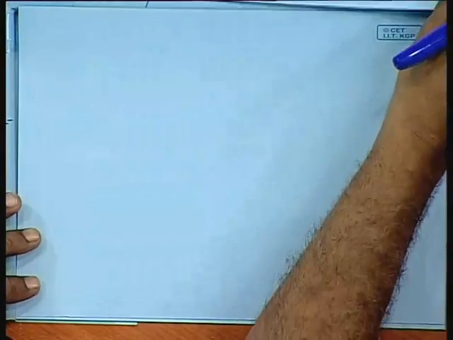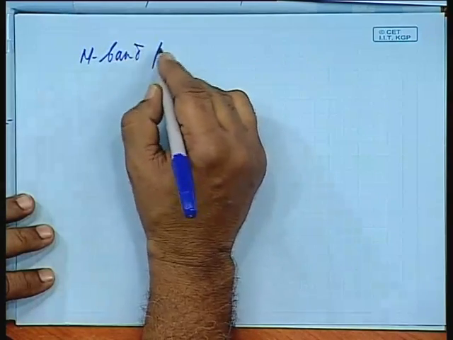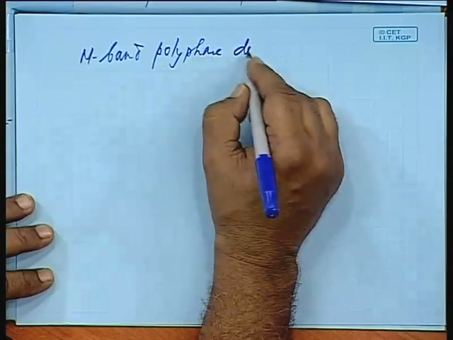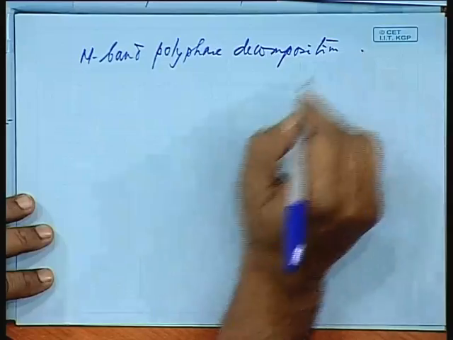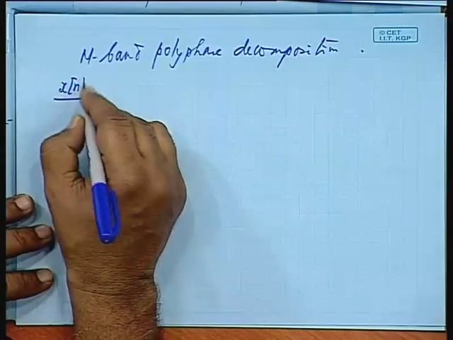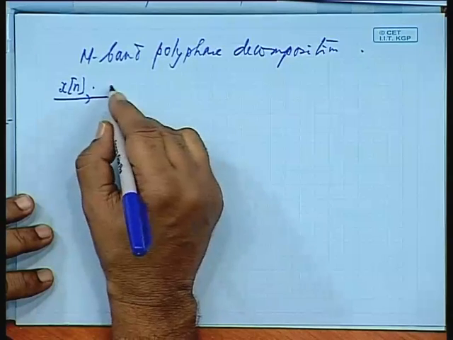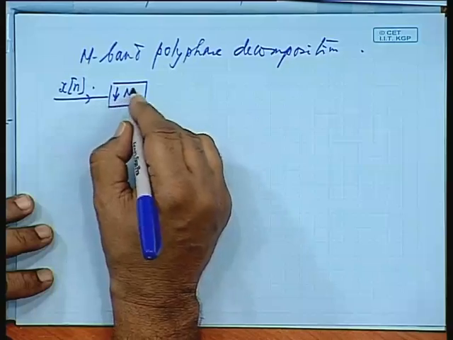So, for the m band polyphase decomposition will look like this. I give a signal xn, I have a downsampler m.